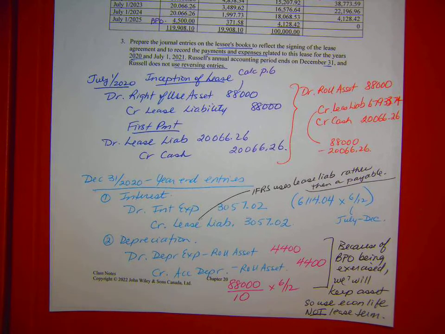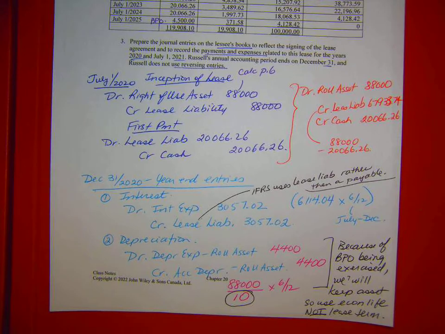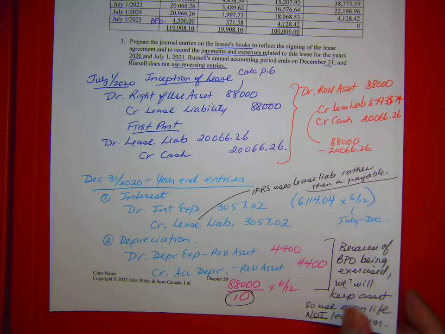Okay? So 10 years, not 5. Okay. So that was the year-end entry at December 31st. So now we want to do the July 1st, 2021 entry to see how it all rounds itself out.